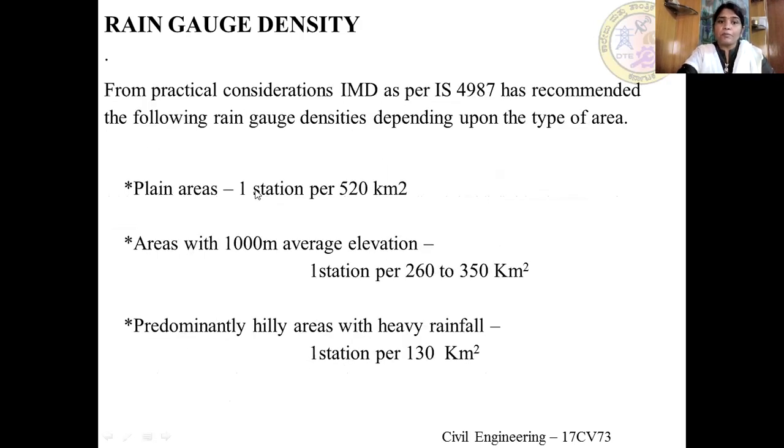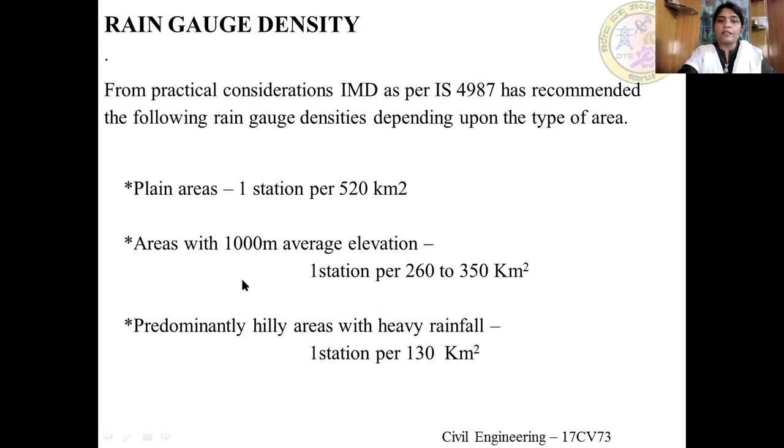So, from practical considerations, the Indian Meteorological Department, as per Indian Standard IS 4987, has recommended the following rain gauge densities depending upon the type of area. Wherever the catchment area is plain, we can have one station per 520 square kilometers.